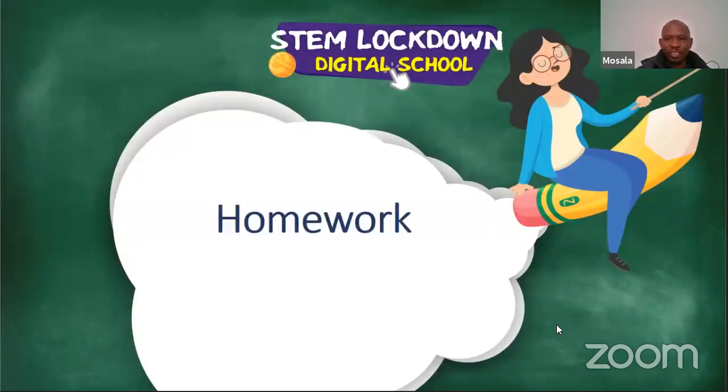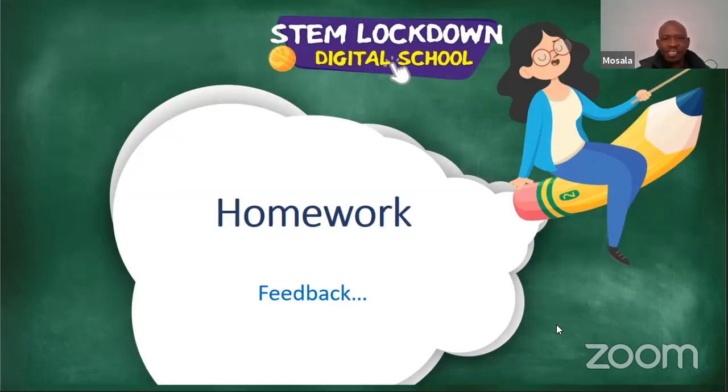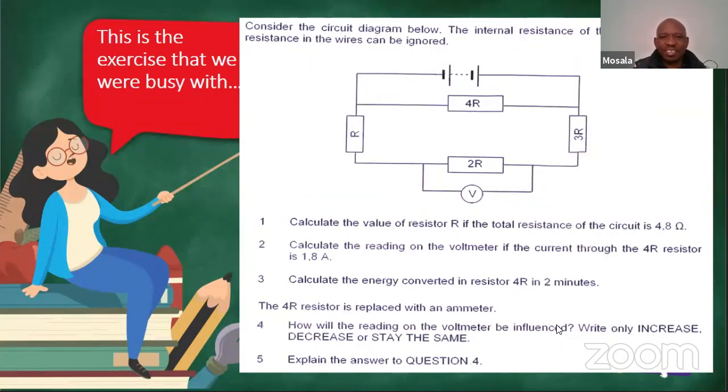Right, we're going to be doing the homework together, the feedback from the homework. The homework said: consider the circuit diagram below. The internal resistance of the battery and any resistance in the wires can be ignored. Question 1: calculate the value of resistor R if the total resistance of the circuit is 4,8 ohms.